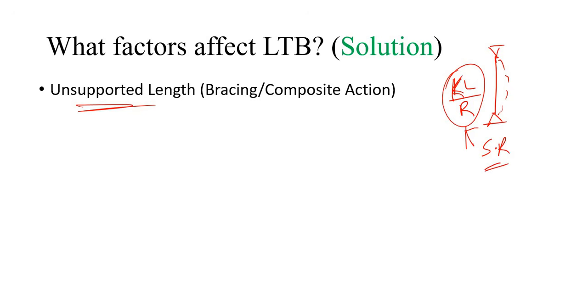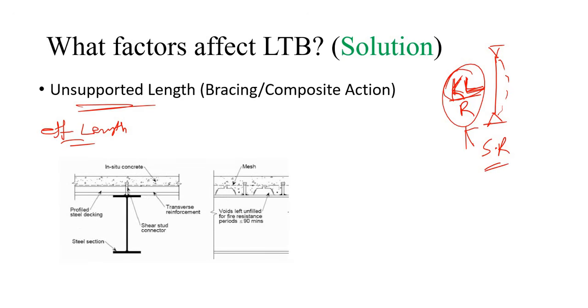The buckling effect or tendency increases if KL, the effective length, increases. So what if we reduce the length of the unsupported flange? Well, try to visualize this.